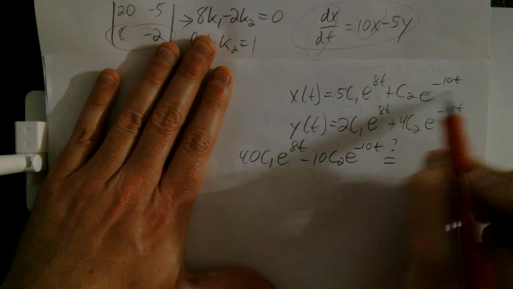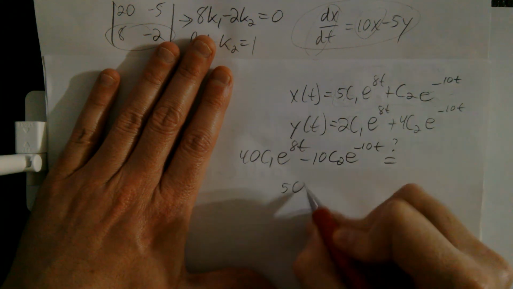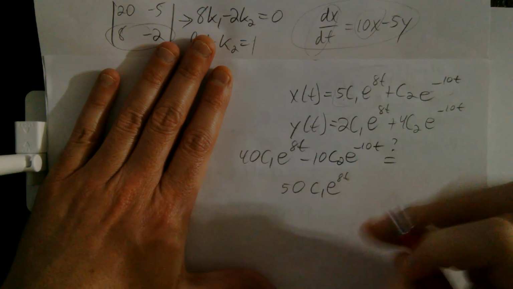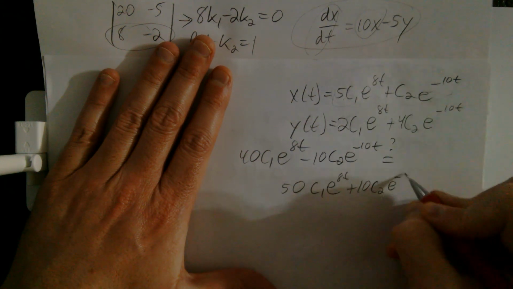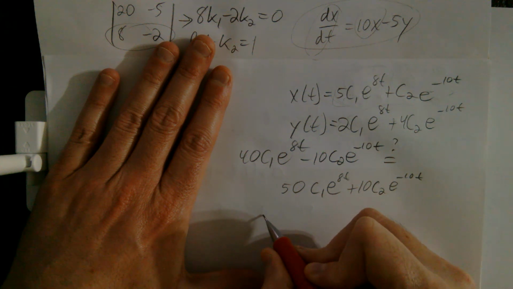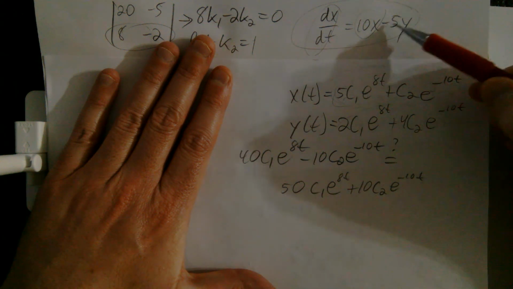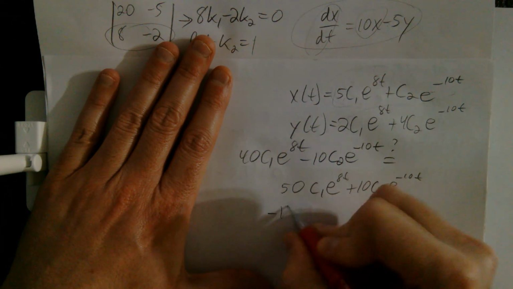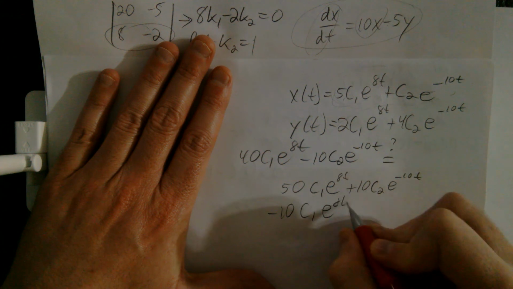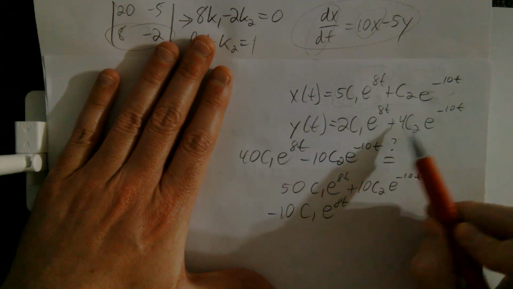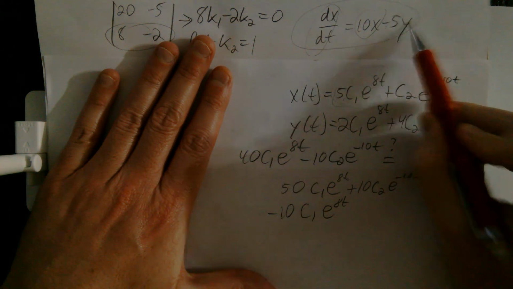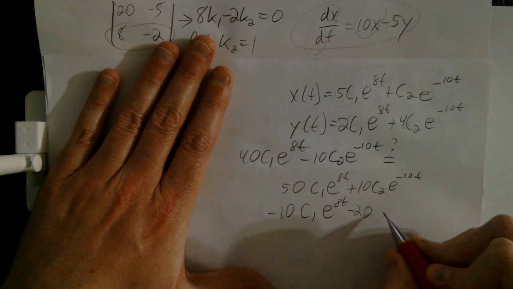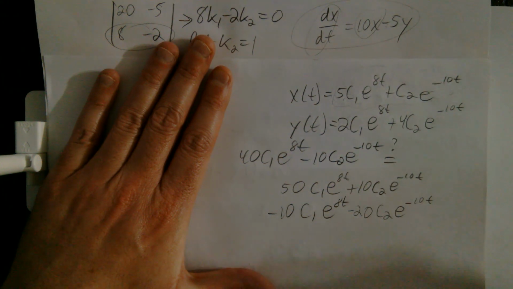So 10 times this gives us 50 c1 e to the 8t, 10 times this, plus 10 c2 e to the negative 10t, minus 5 times this y. So minus 10 c1 e to the 8t, minus 20 c2 e to the negative 10t. This is testing our solution.